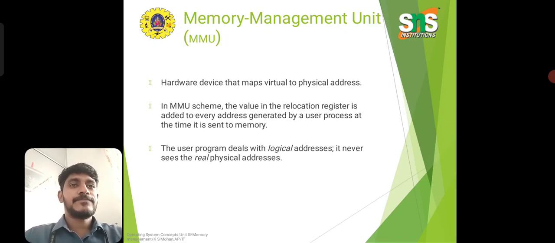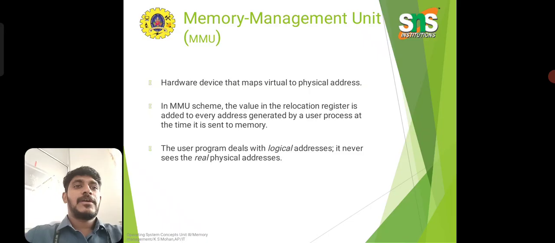Next we have the memory management unit, the MMU, a hardware device that maps virtual to physical addresses. In the MMU scheme, the value in the relocation register is added to every address generated by the user process at the time it is sent to memory. The user program deals with logical addresses.